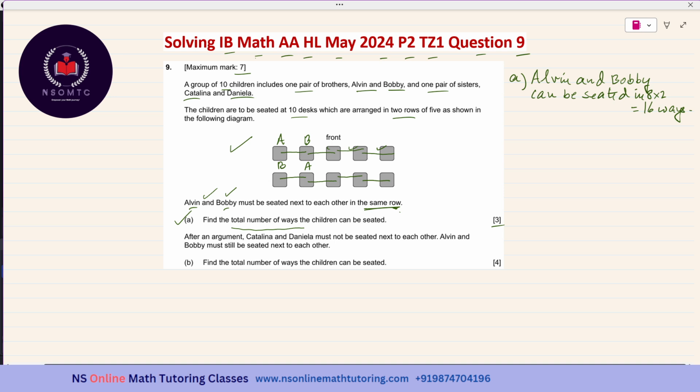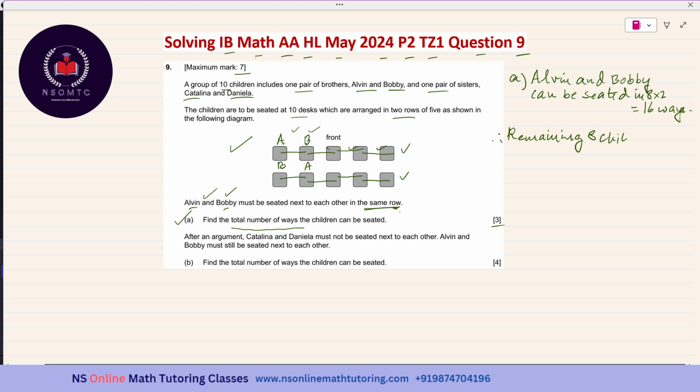Okay. And there are 10 children. These 2 are only 2 of them. So 8 more are remaining. Therefore, remaining 8 children, there are 8 seats remaining. Whatever I have shown, you have to show this.